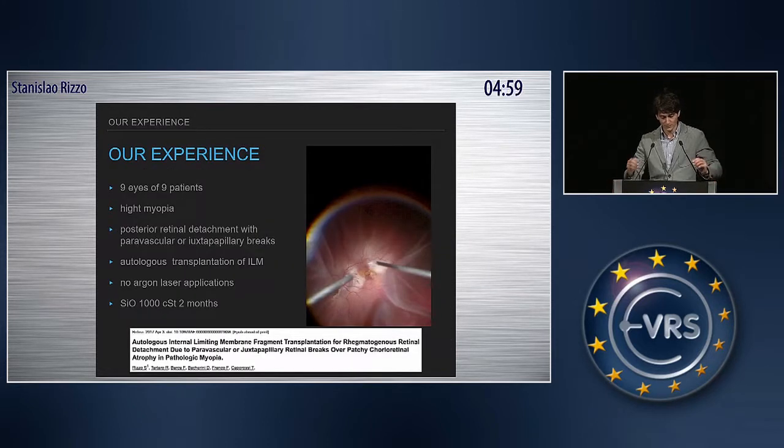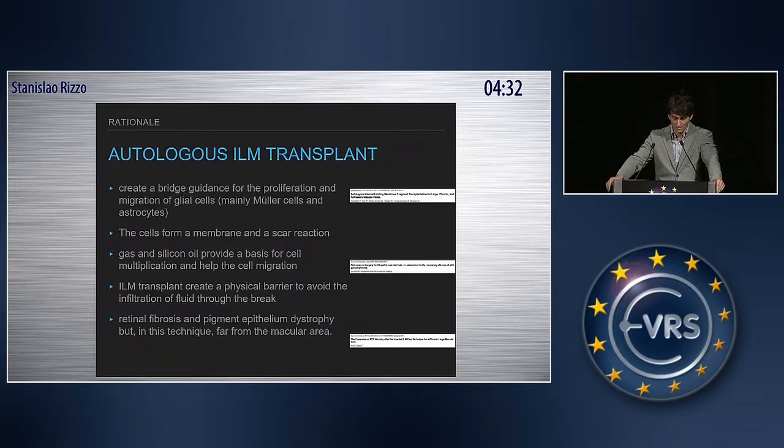In our experience, we are now operating on 9 eyes of 9 patients with high myopia with posterior retinal detachment due to paravascular breaks, implanting an autologous ILM plug harvested from the posterior pole, not applying argon laser around the breaks, and using light silicone oil for 2 months.